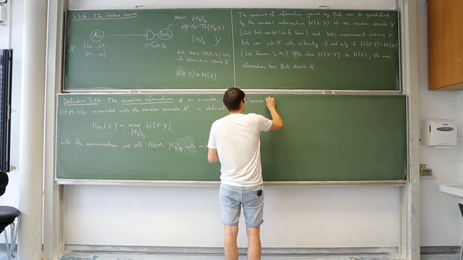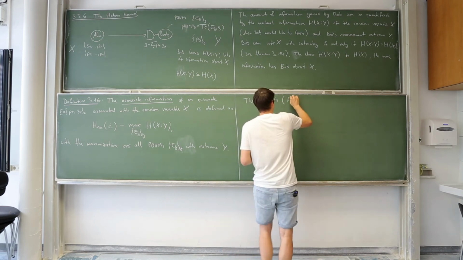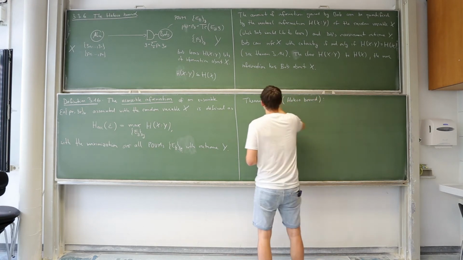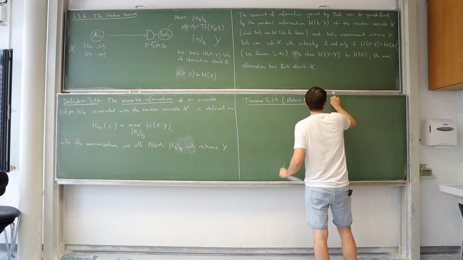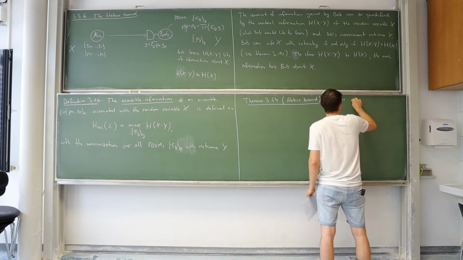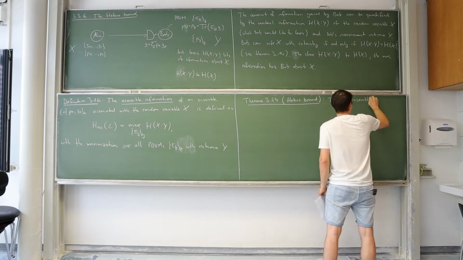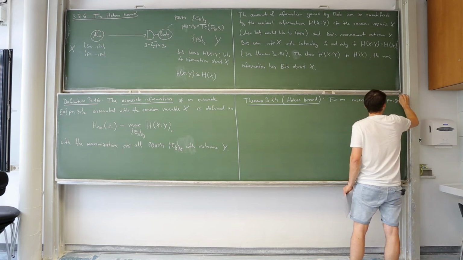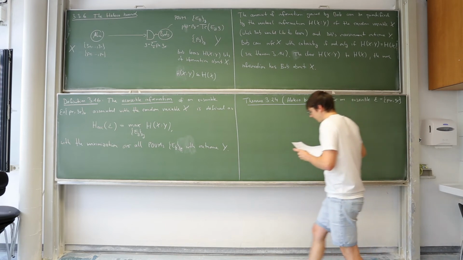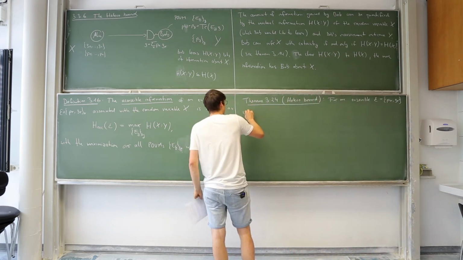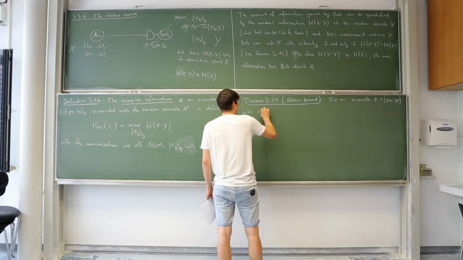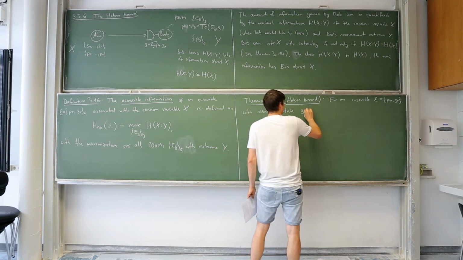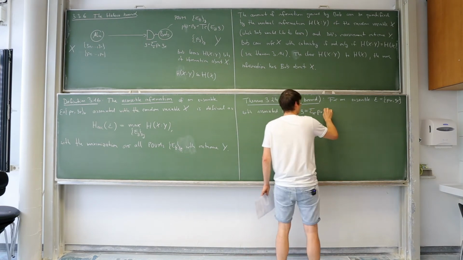So theorem 3.24. It says that for an ensemble, say E again, it's given by these probabilities px and density operators rho x, with associated state rho given by the sum over these probabilities and states.